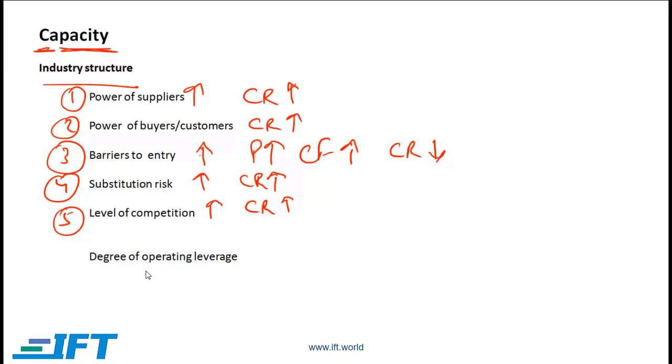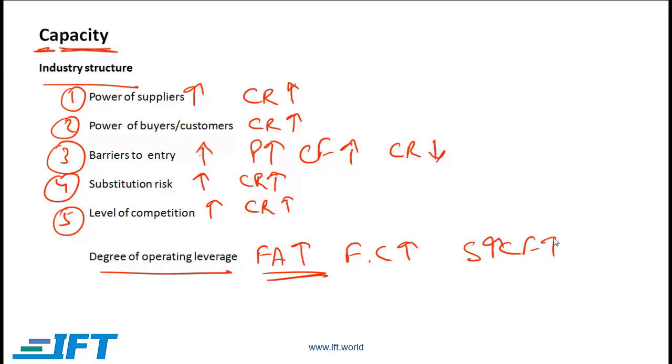Another important item to look at is the degree of operating leverage in the industry and in the companies within that industry. If the degree of operating leverage is high, that means fixed assets are high, and here we need to be a little extra careful, because if our fixed assets or fixed costs are high, then as long as sales are good, the cash flow typically will also be good and the credit risk is relatively low.